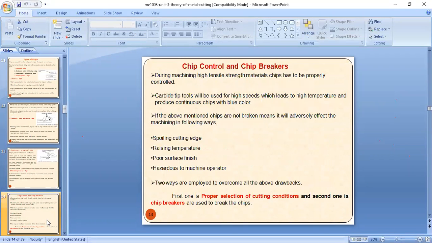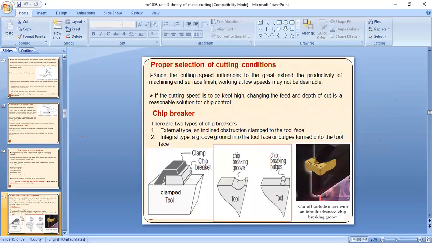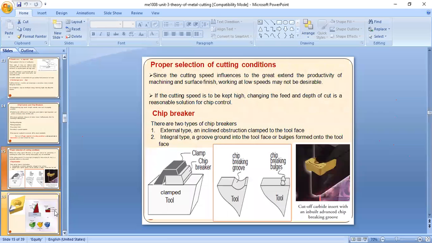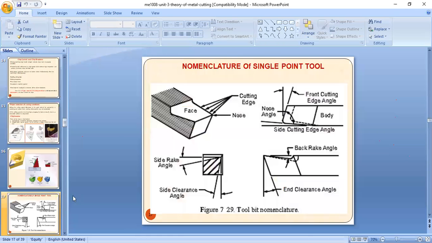Here we'll come to the single point cutting tool. I think it is in 18. The nomenclature of a single point cutting tool is a very important topic.